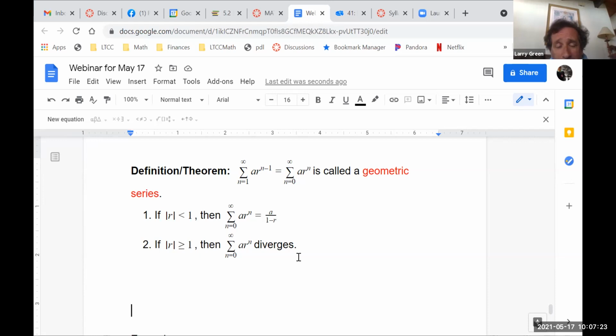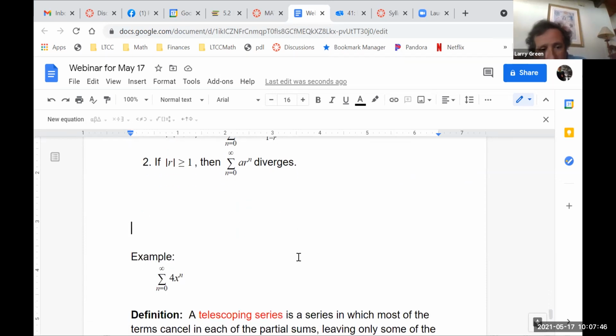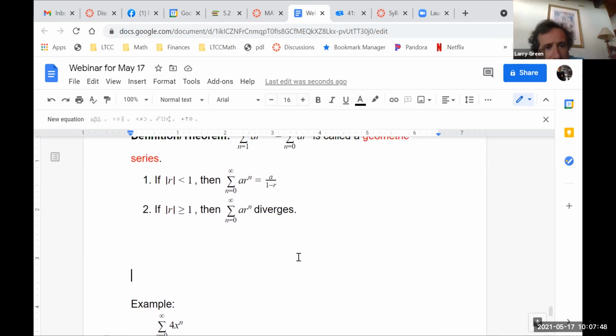So this is one of the few examples where you can easily find out what it converges to when it converges. Any questions on the geometric series? I'm going to call it the geometric series test. Any questions?